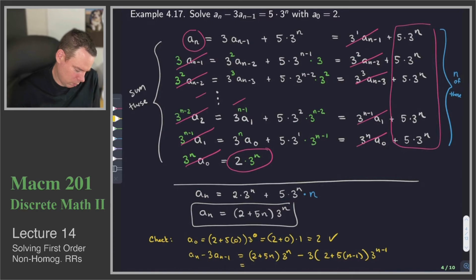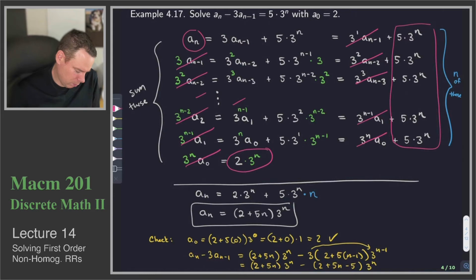Does this work out? Well, what we see is we get a 2 plus 5n, 3 to the n, minus that 3 can multiply over here to make that a 3 to the n as well. So we get a 2 plus 5n minus 5, 3 to the n.